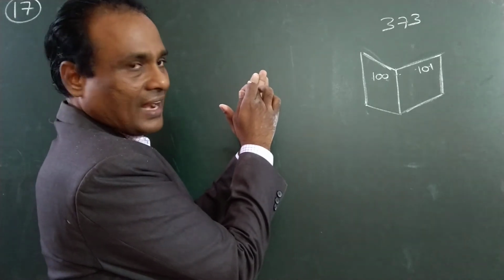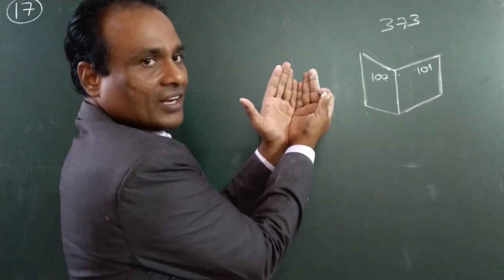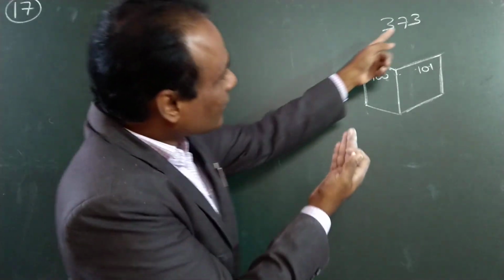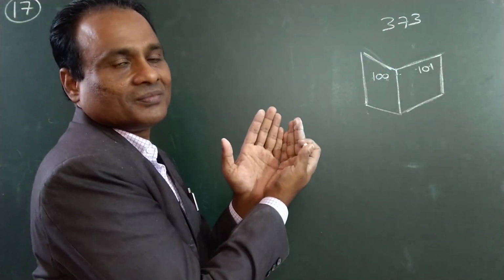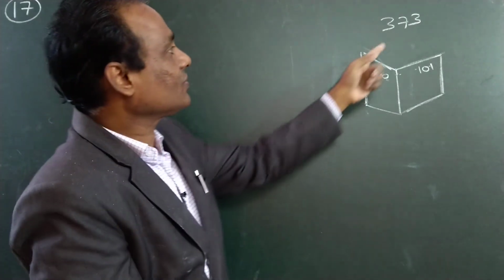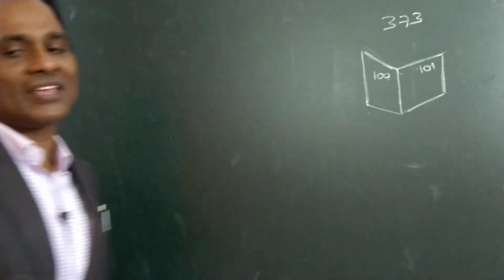One page number say 100, the next page number will be 101, and the sum of page numbers should be 373 like that. Check with your textbooks. The sum of the page numbers is 373.